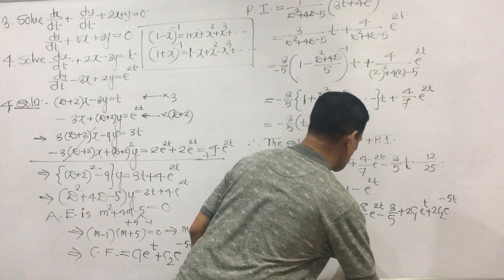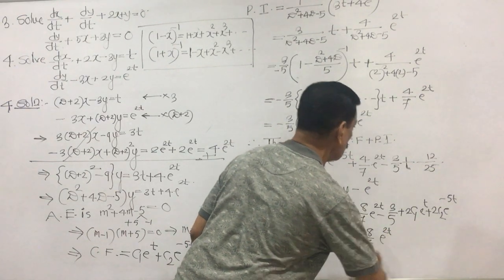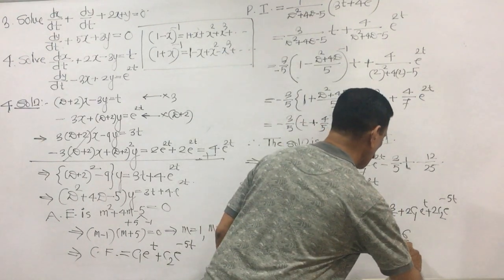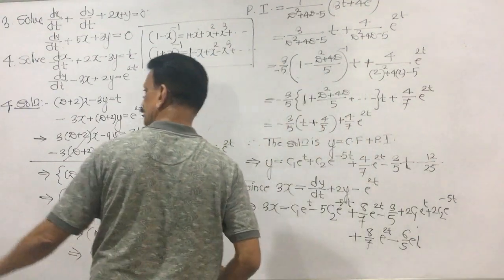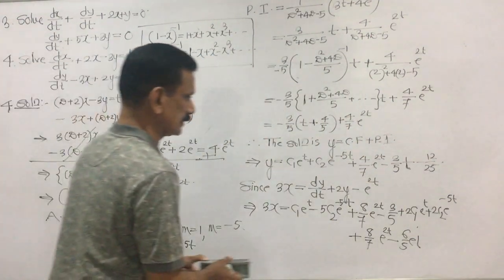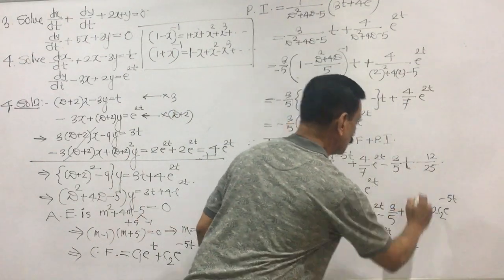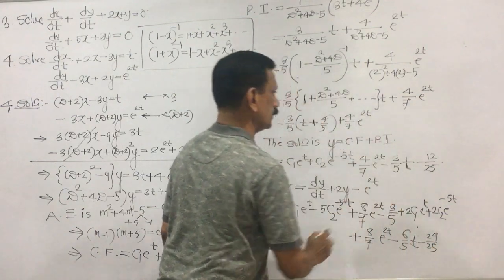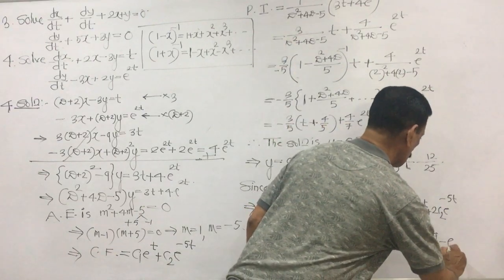Multiplying by 2, it is 2 4s are 8 by 7 e raised to 2t, and this multiplied by 2 means 2 3s are 6 by 5 t, and this is minus 24 by 25, and after that minus e raised to 2t.